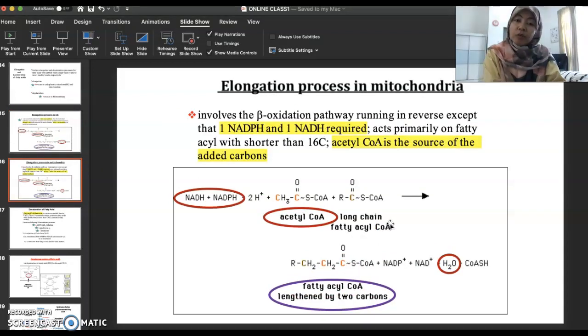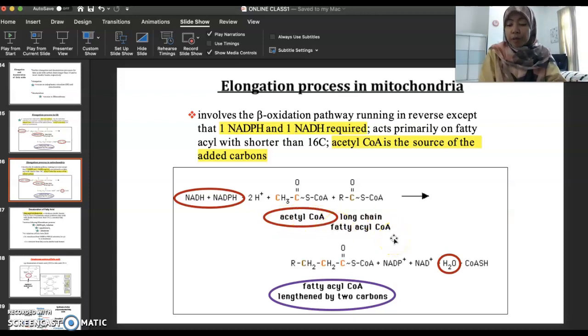Whereas the elongation process in the mitochondria is a little different from the elongation process in the ER earlier. So here you need both NADH and NADPH. But the source of the added carbons is acetyl-CoA, different from the ER earlier. In the ER it is malonyl-CoA, but here you have acetyl-CoA.